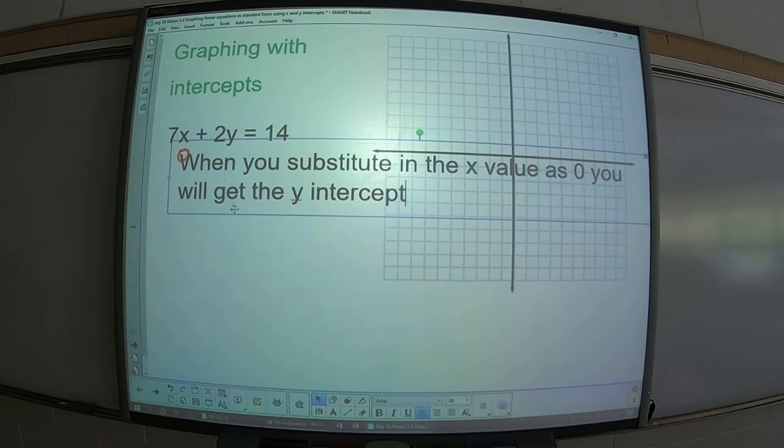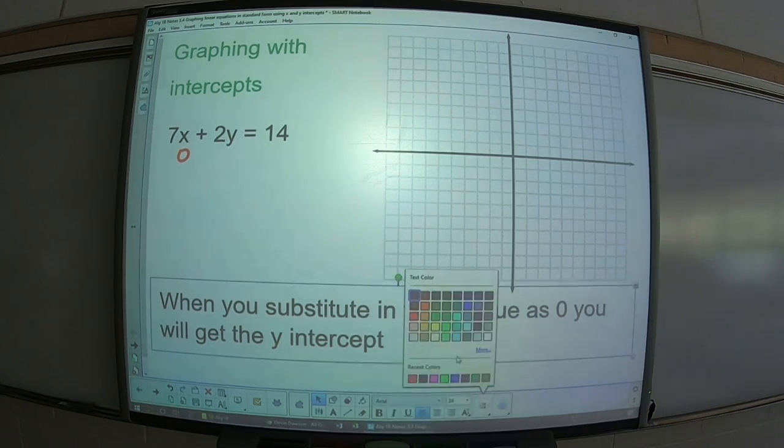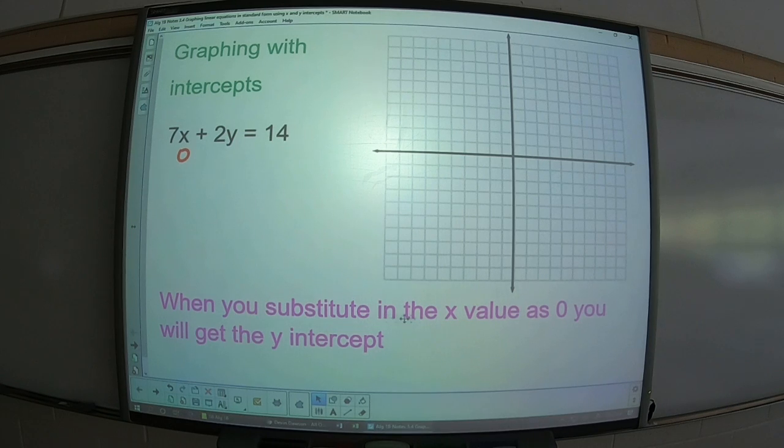you'll get the y-intercept. So let's move that down here so that we can see that. But what's interesting is, notice it's when you put in 0 for x, you end up with the y-intercept because you're solving for y.